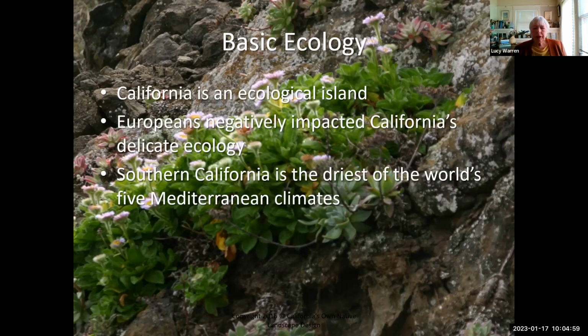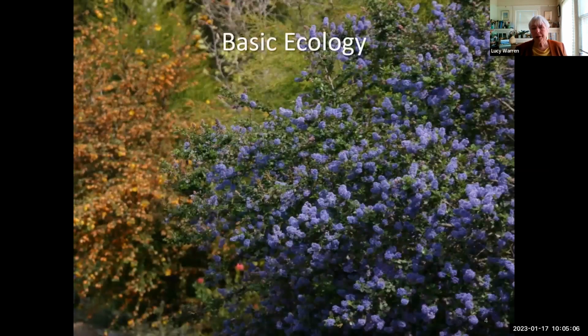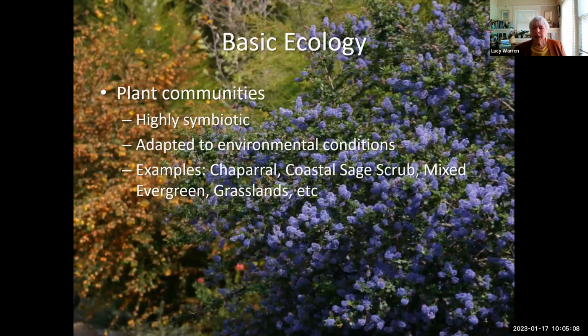Southern California is one of the 5 Mediterranean climates in the world, and it is the driest of those Mediterranean climates. So California native plants grew together in communities.